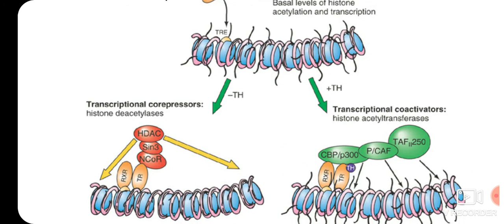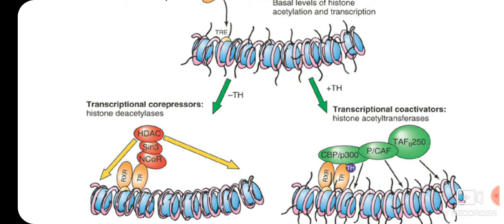Once bound with the TRE, in the absence of thyroid hormone, they can cause repression of that particular part of the DNA, where they call upon the histone deacetylases through the NCOR and SIN3 combination. They call upon HDAC, which causes the deacetylation of histones, thereby inducing the repression.